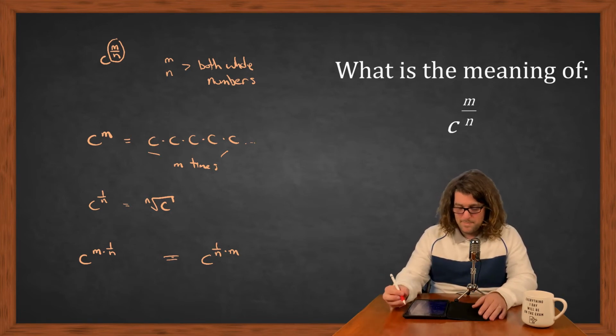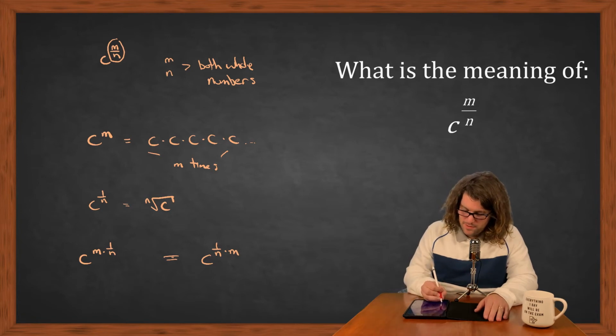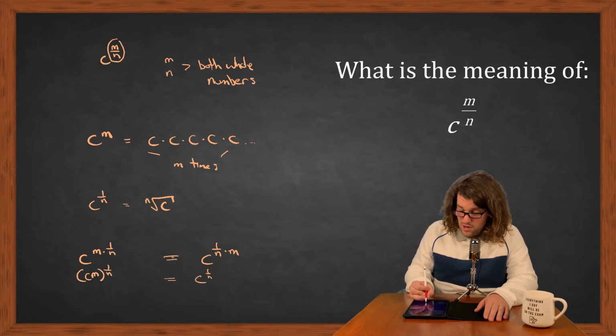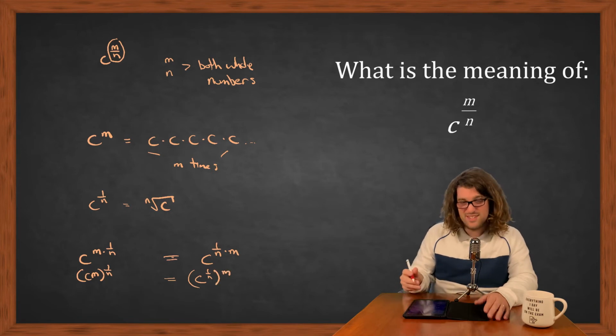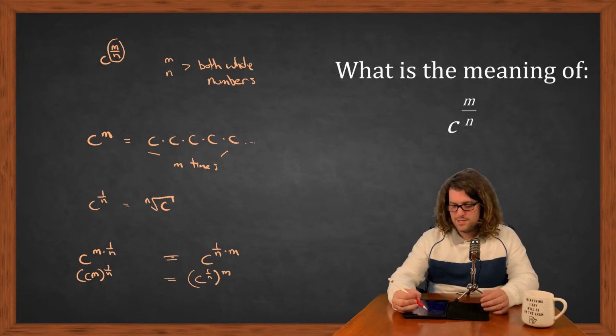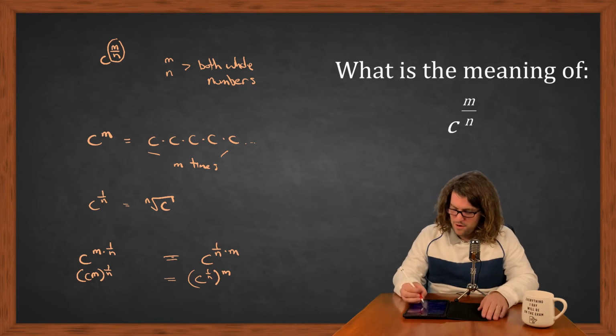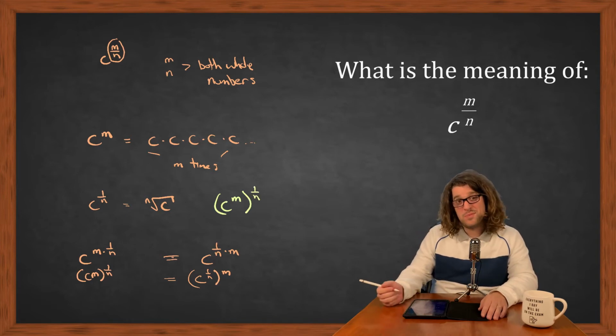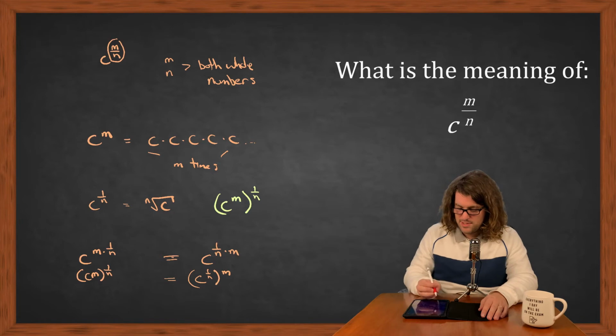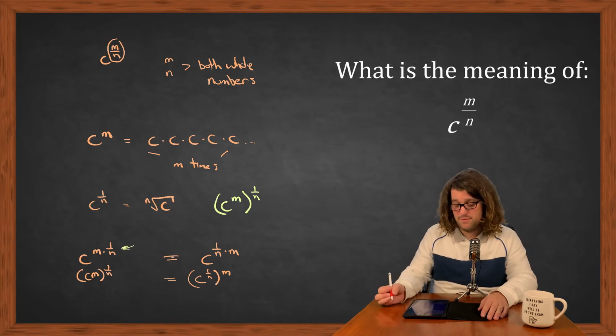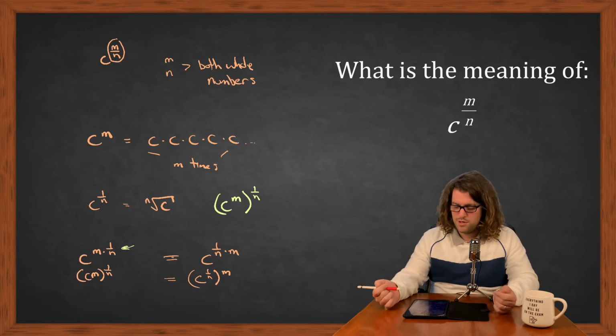Fine. But I'm going to express this first one as being c to the m, to the power of 1 over n. The reason I can do that, and I'm going to do the opposite on the other side here, so I'm going to put it inside of an inner bracket, is because there is this exponent law that says the following. If we have something like this raised to another exponent, then we can multiply those exponents together. Multiplying them together would be exactly what I have on this previous line. When we're learning these, we usually go in one direction.